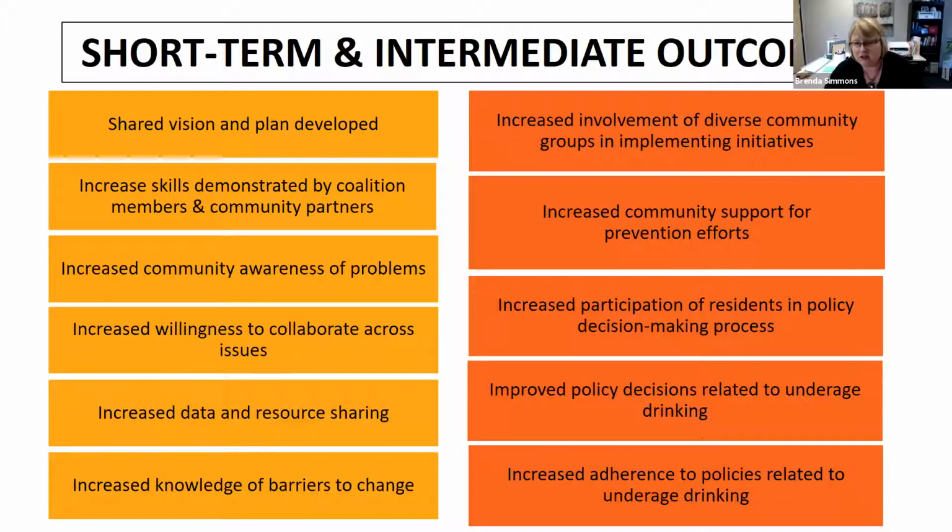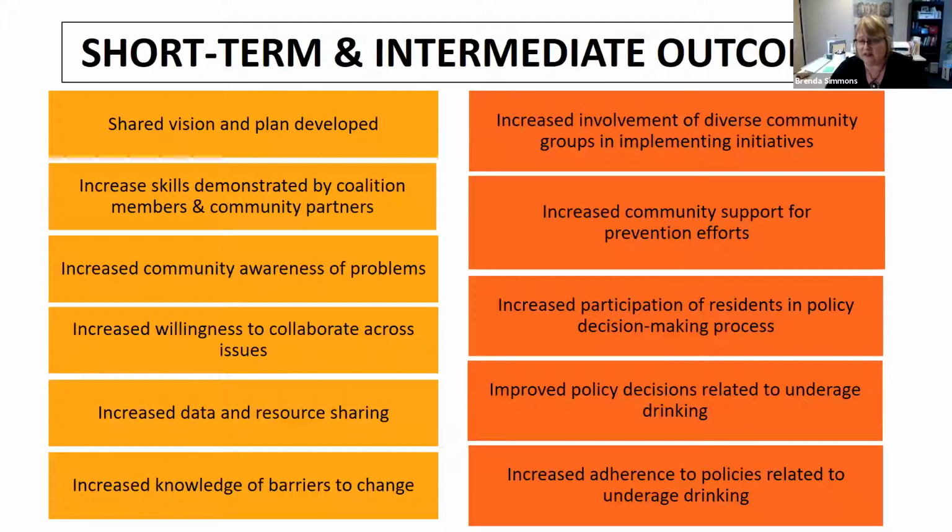That means increasing their ability and their comfort level in participating in policy-making decisions, regular residents. And you want to get the issue of underage drinking on the public agenda, increase community awareness of the problems, and increase willingness to collaborate across issues, making underage drinking relevant to large sectors of the community.